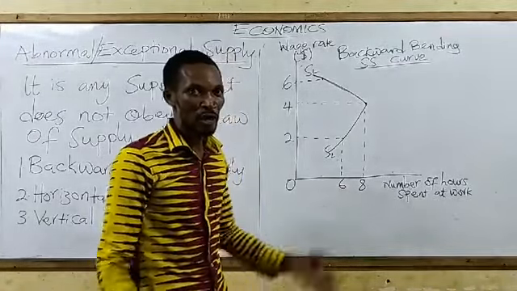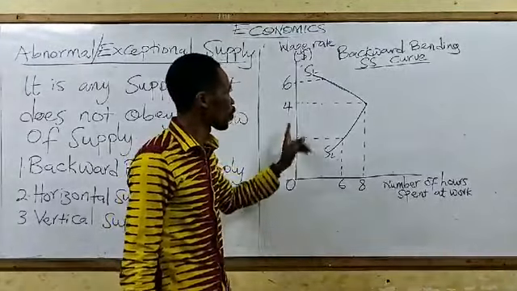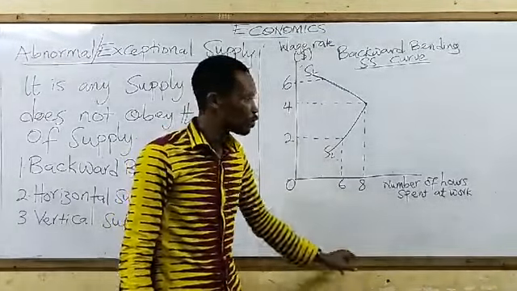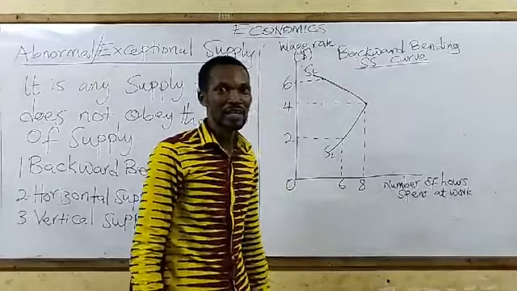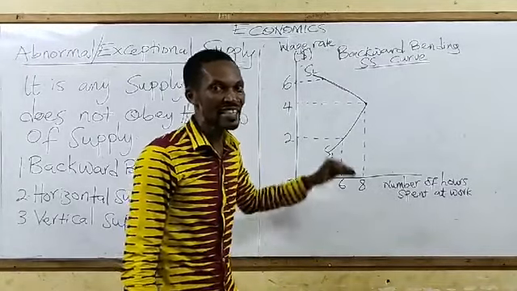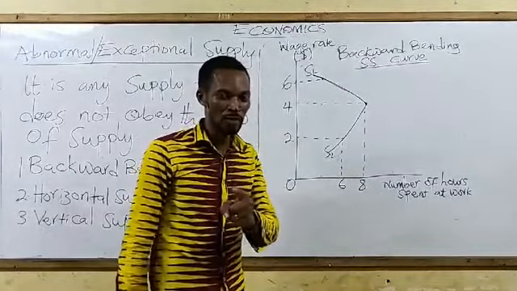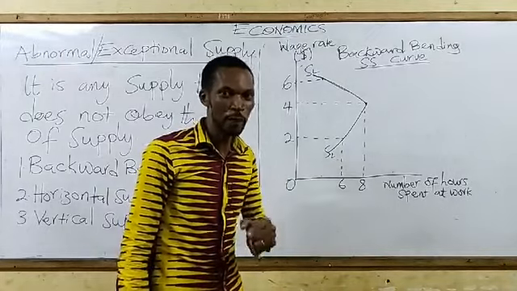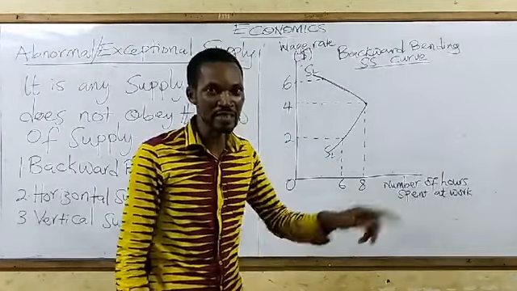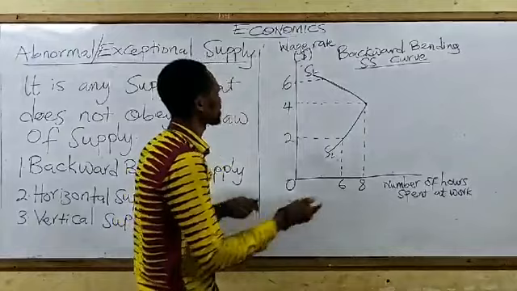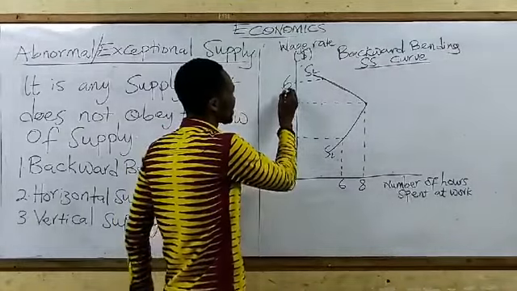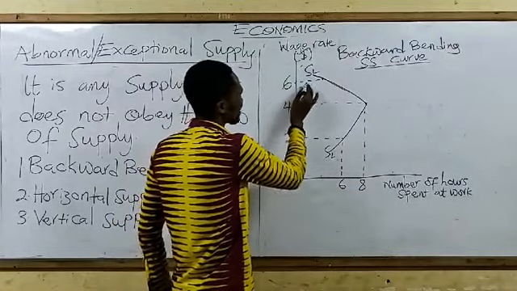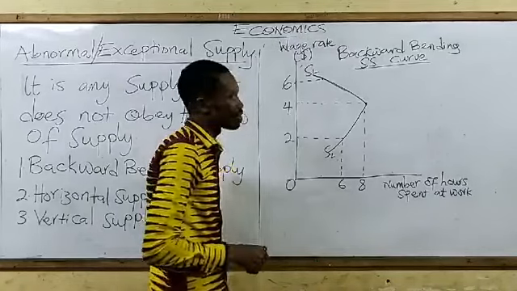Then your employer, noticing that when you are giving more money, the person spends more hours at work, is encouraged again to give you more, with the hope that you spend more hours. Let's see what will happen. So this time, your employer has given $6 to the person.